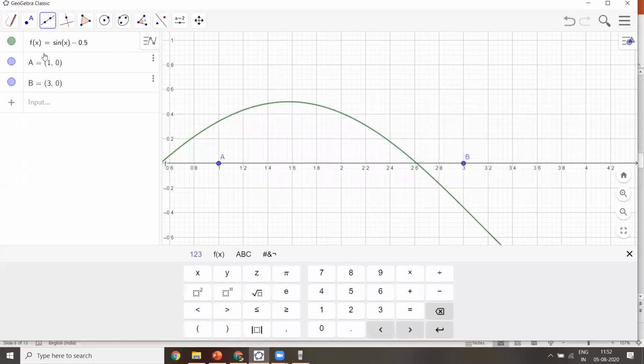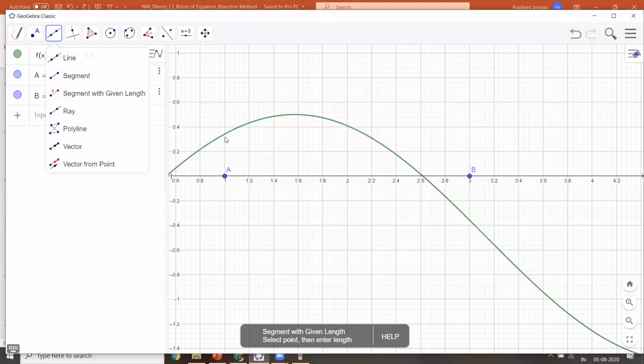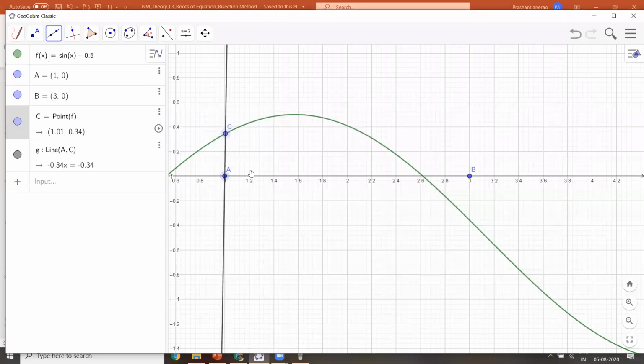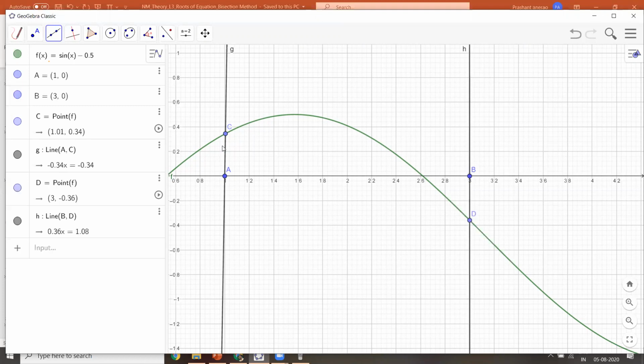See this, I'll find out the function of x value when I put A. So this point represents x comma y, where y is nothing but a function of x. Similarly, what I'll do is find f of x1. I'll assume point A is x1, so how much is f of x1, and then how much is f of x2. Now see, f of x1 or f of x2, if you look at this graph you will understand one thing.